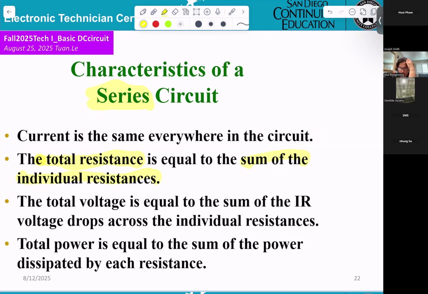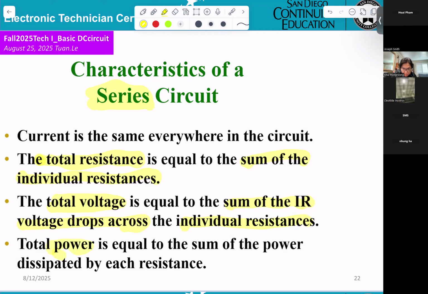The total voltage is equal to the sum of the IR voltage drops across each individual resistance. That means you get R1, R2, R3. If you want to calculate the total voltage, it will be VR1 adding VR2 adding VR3. Okay?